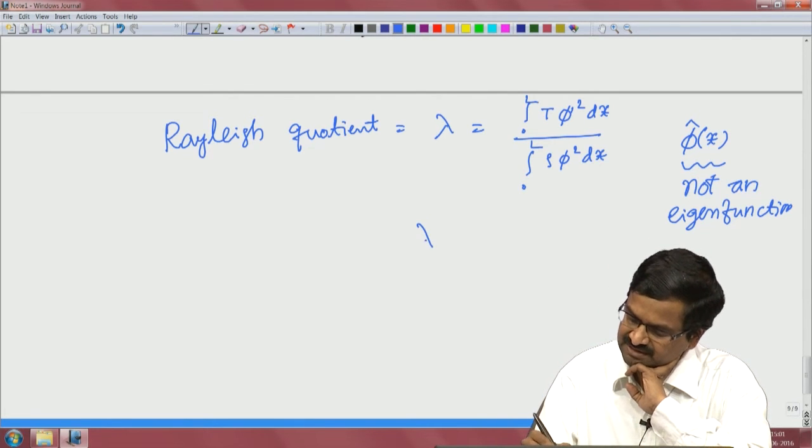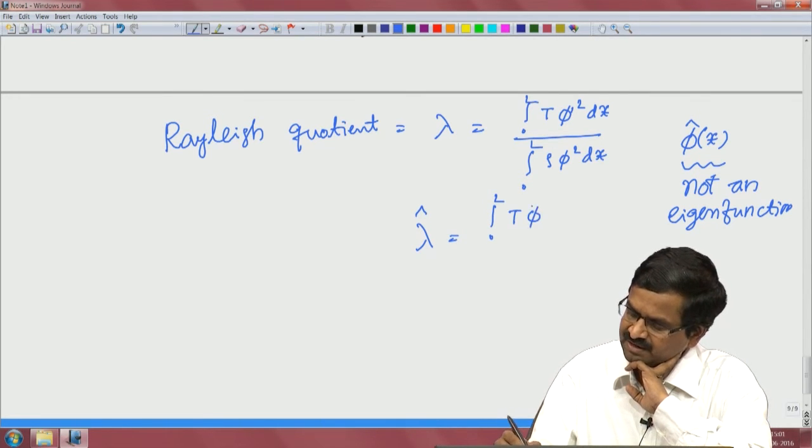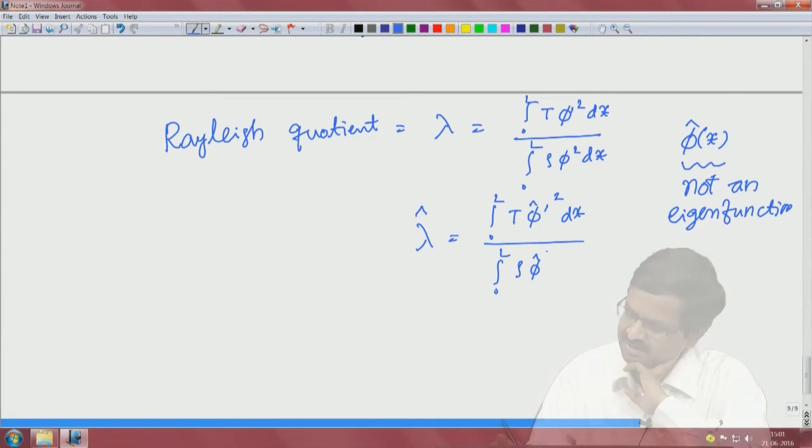Even then, when I get this lambda hat value, the integral from 0 to L of T phi hat prime squared dx divided by the integral from 0 to L of rho phi hat squared dx, this will be greater than 0.